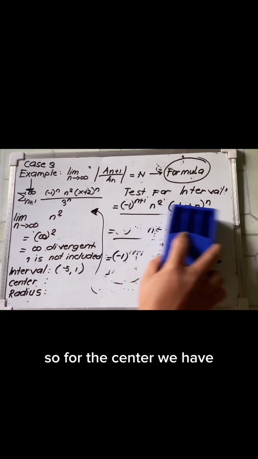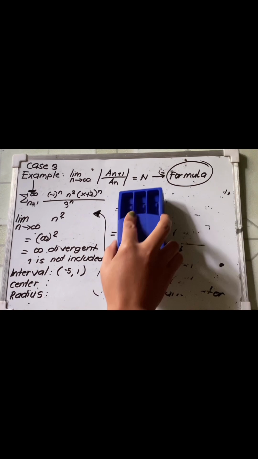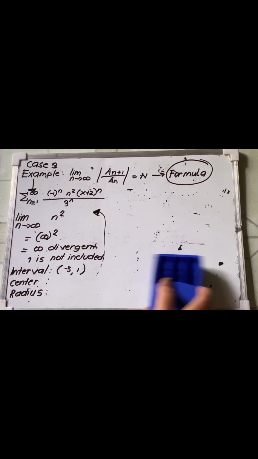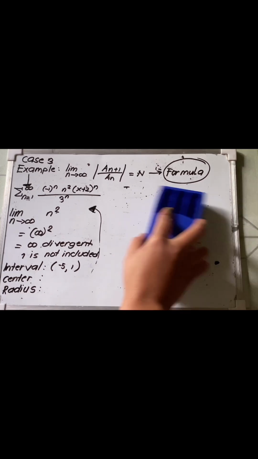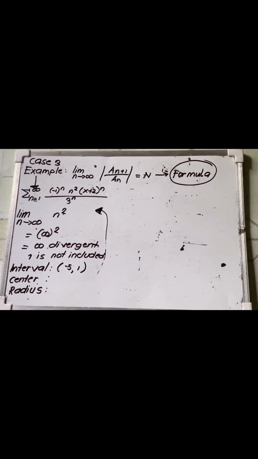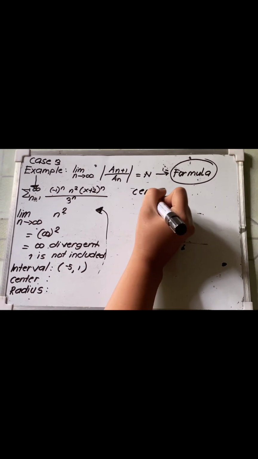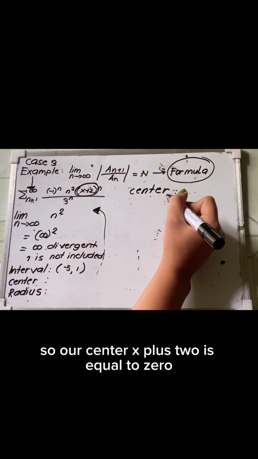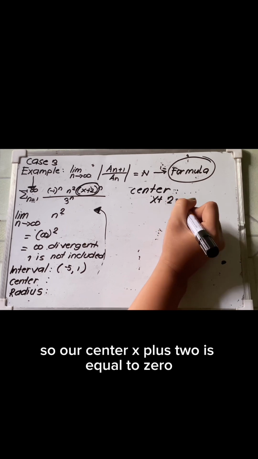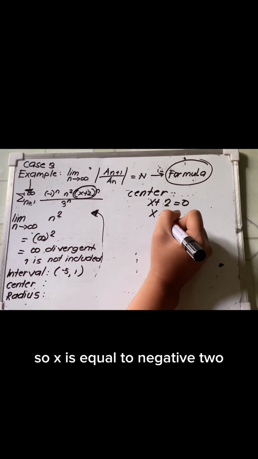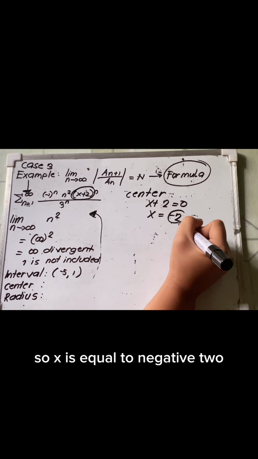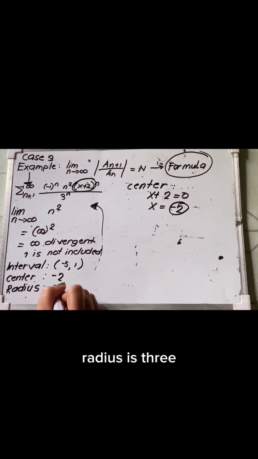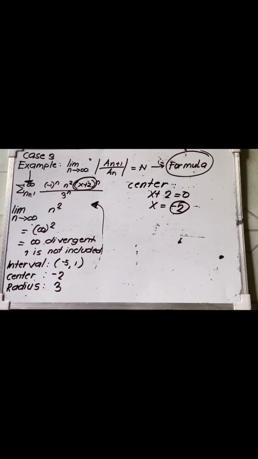So for the center, we have x plus 2 is equal to 0. So x is equal to negative 2. So our center is negative 2 and our radius is 3.